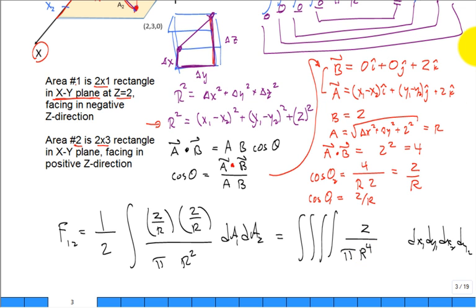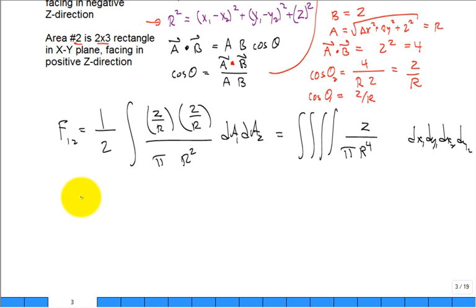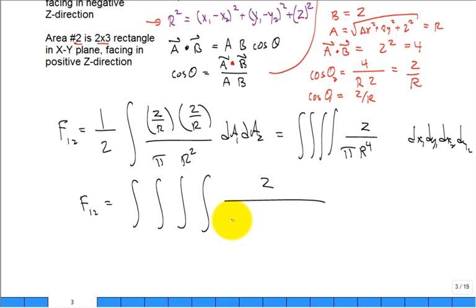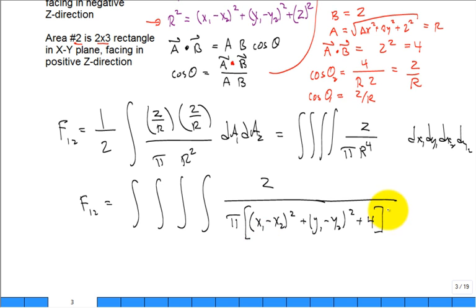And so now we can even expand it a little bit more. View factor 1 to 2 is equal to the integral of 2 over pi. Now the r is x1 minus x2 squared plus y1 minus y2 squared plus, I'm going to put 4 instead of 2 squared. And then all of that is raised to a power, and I want you to give me that power.